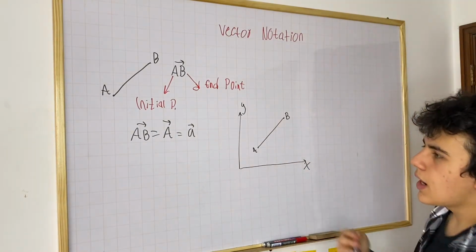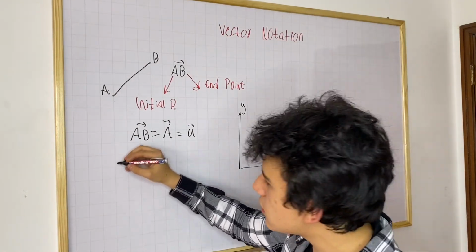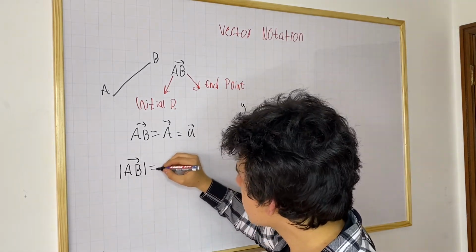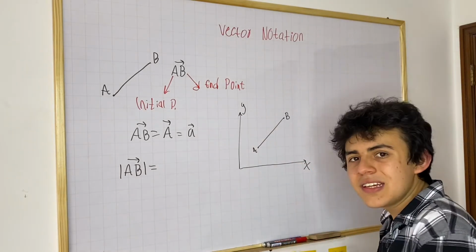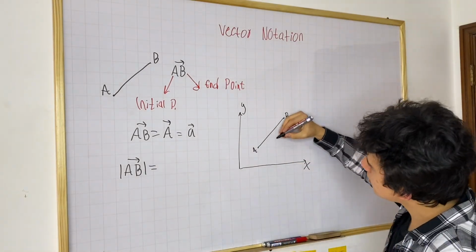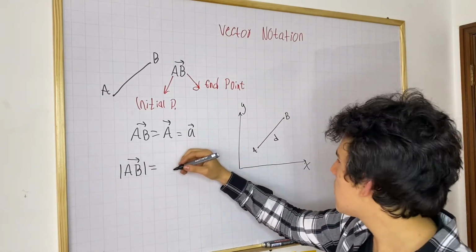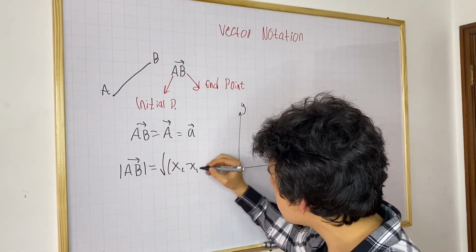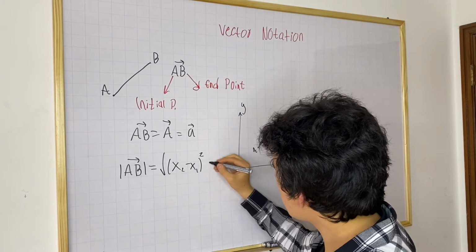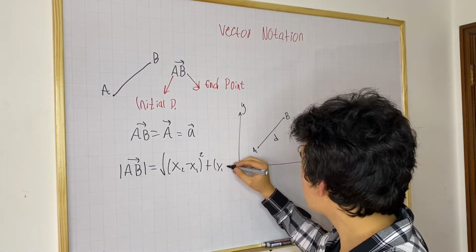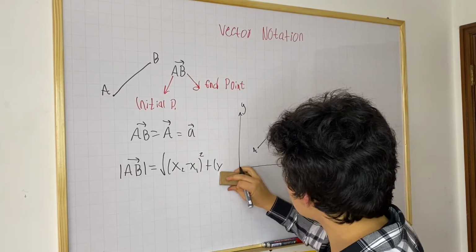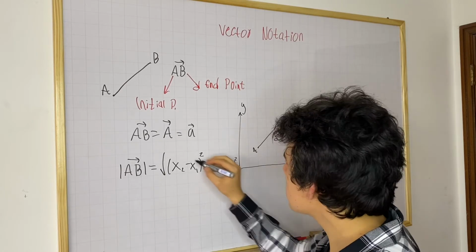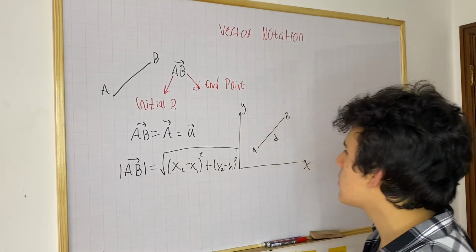In terms of notation, we say that the magnitude is equal to the absolute value of the vector AB, and since it is the distance between the 2 points, we can compute that as the square root of, you guys should remember this equation, (x2 minus x1) squared plus (y2 minus y1) squared, and all of this inside the square root.